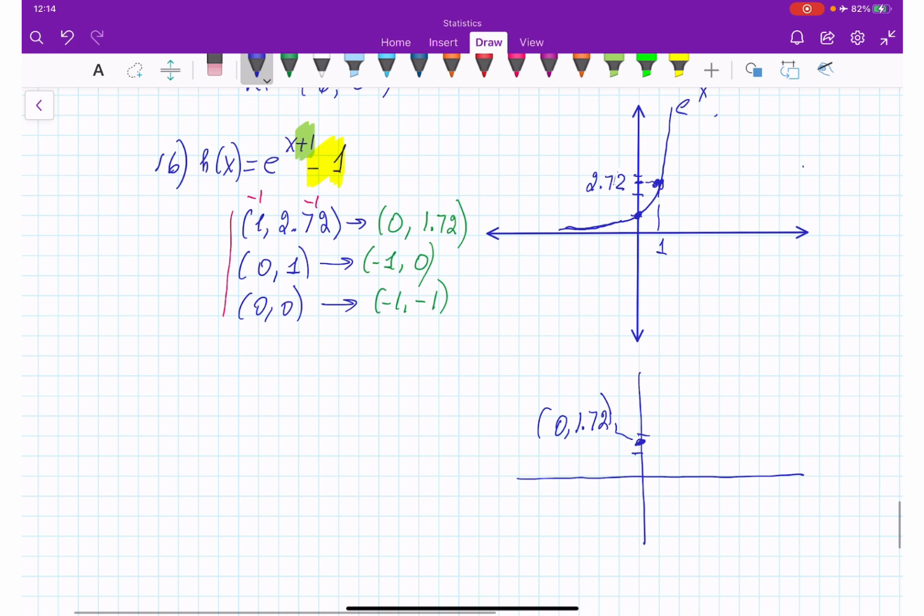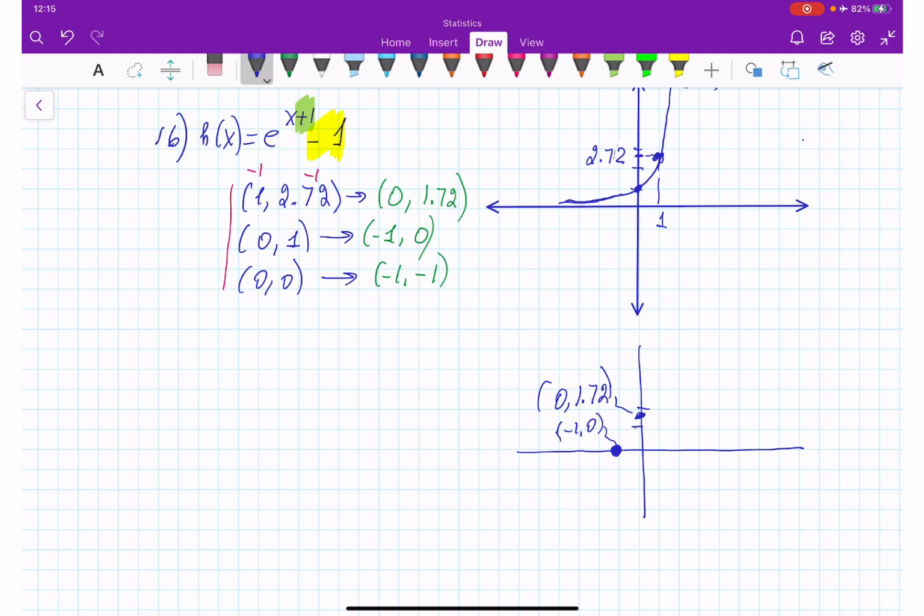This is this one. And then I'm going to have negative 1 and 0. It's going to be this one. And negative 1, this is going to be my new asymptote, right?